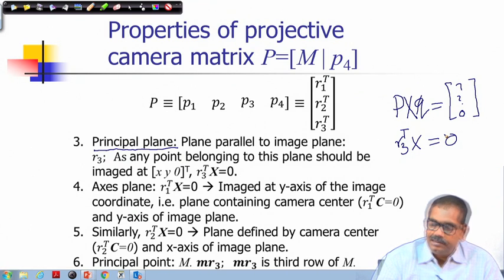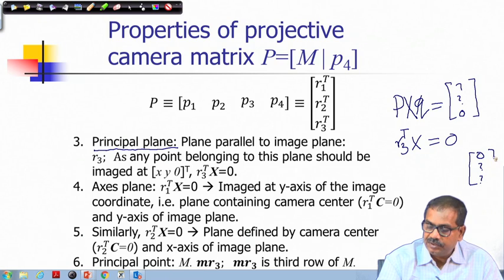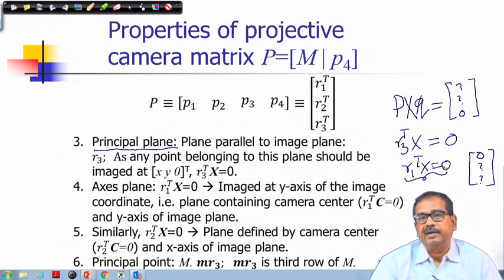Similarly, if you consider this q, there would also be image points where, for example, the first coordinate would be 0 and the rest you do not care about, which means R1 transpose x should be equal to 0, and that is a plane where all the points lying on that plane are projected in this form.